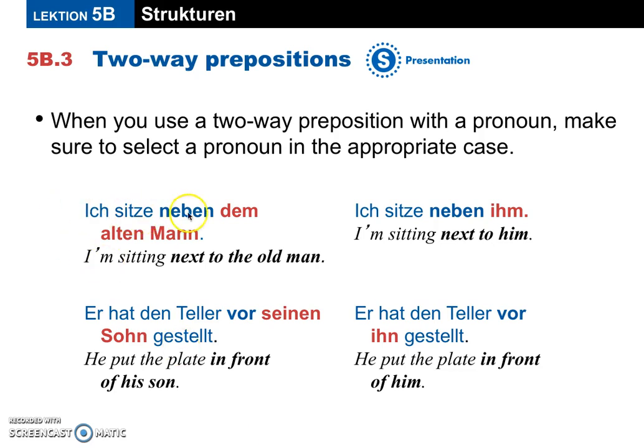The examples: ich sitze neben dem alten Mann, ich sitze neben ihm, him. I sit next to him. Er hat den Teller vor seinen Sohn gestellt. He put the plate in front of his son. Er hat den Teller vor ihn gestellt.